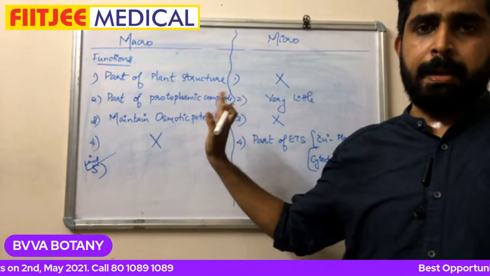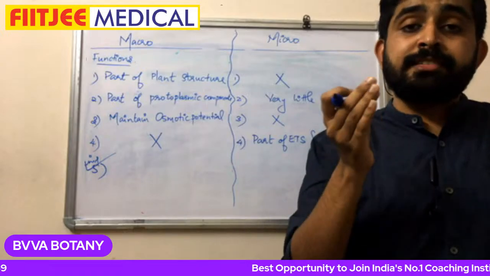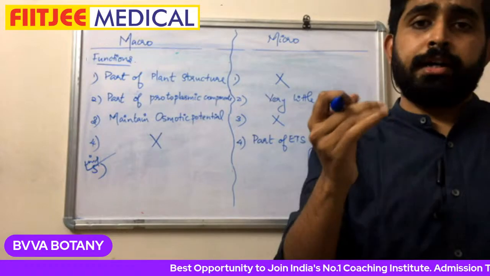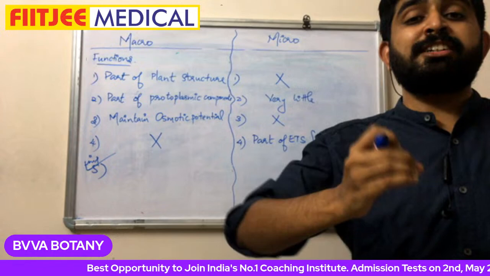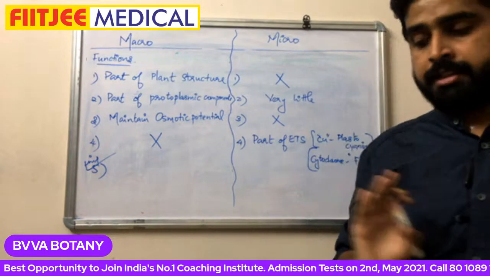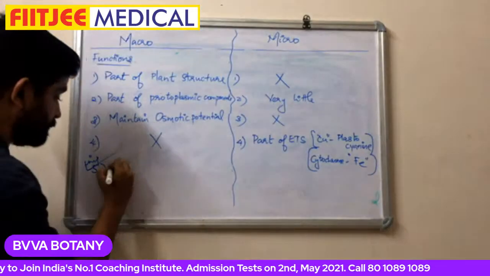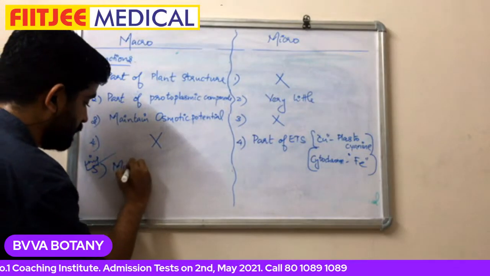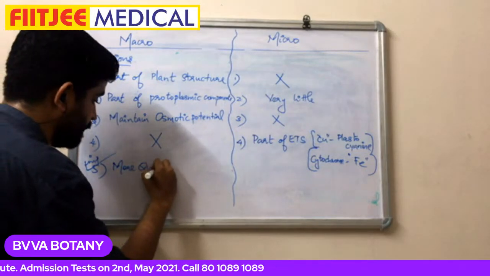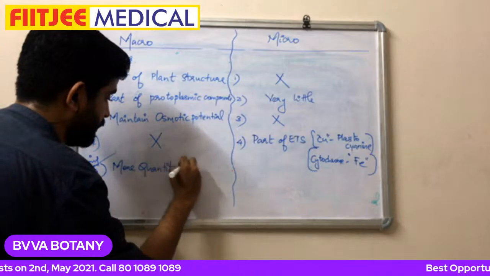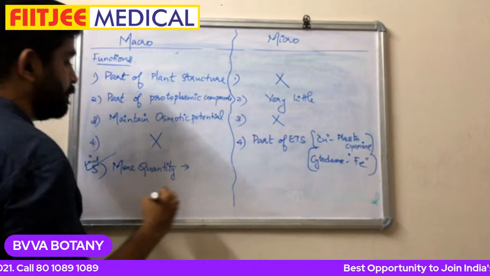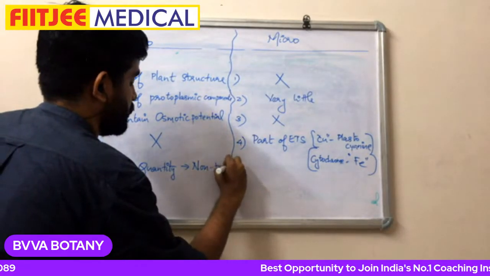But in case of a micronutrient, it is already required only in very small amounts. If more than required, it can cause toxicity. So with more quantity, macronutrients are usually non-toxic.